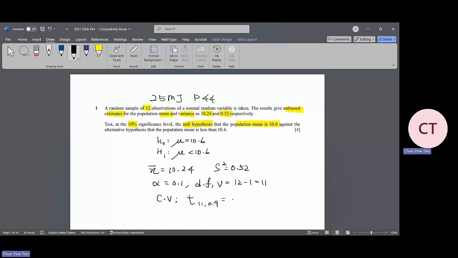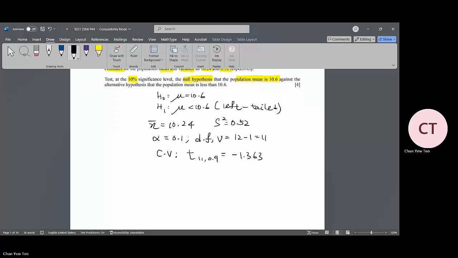So from the formula table, you can get this one as negative 1.363 because this one is a left tail test.